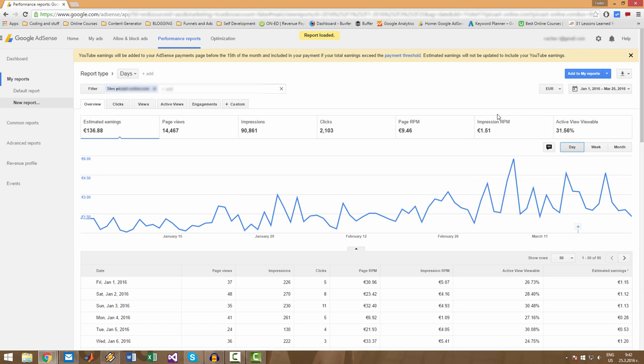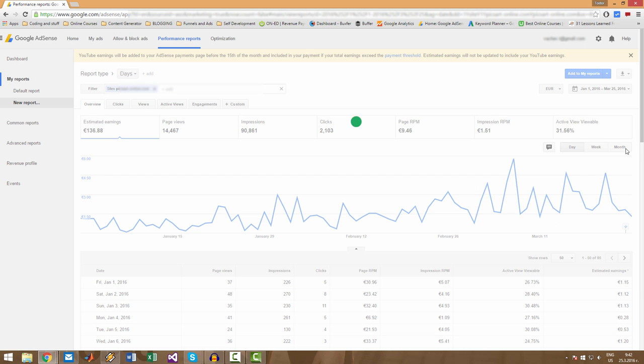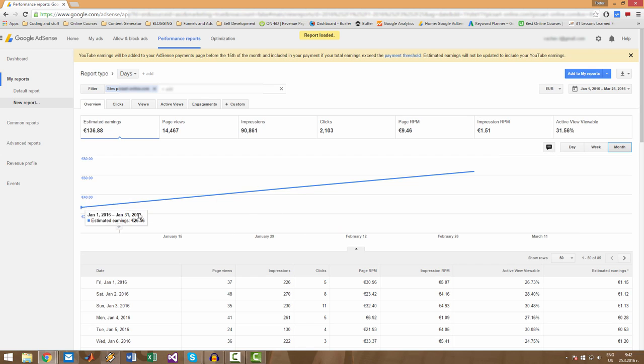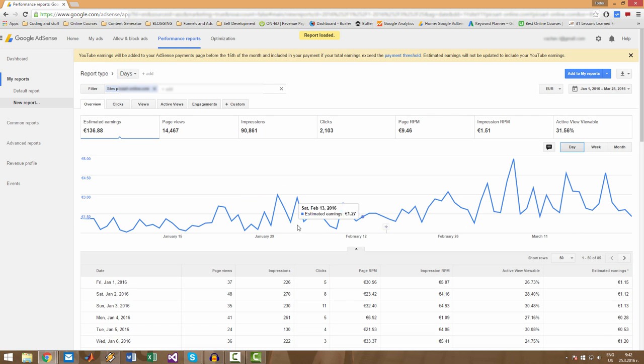I like to see a lot more information. It's much more informative. You see that you have ups and downs, and you can't see this with the months, for example. Here I can see only a straight line. I can understand that my income from this website is growing each month, but I can't see the ups and downs here, so I can't make any estimations about it.